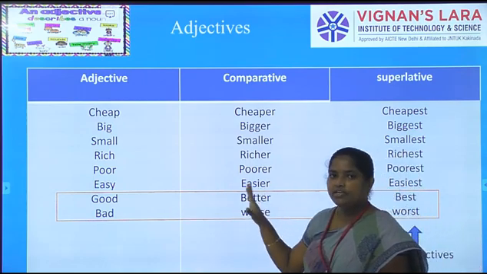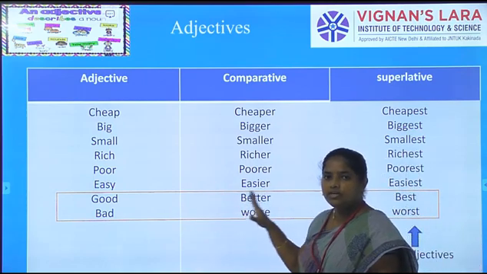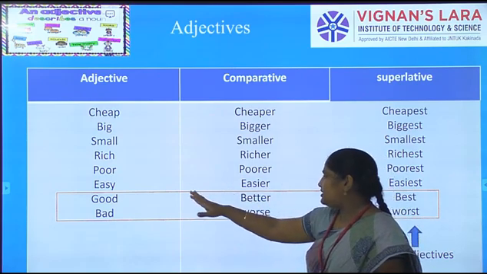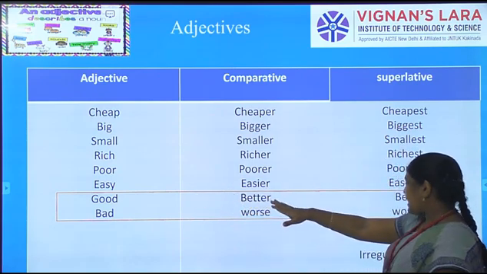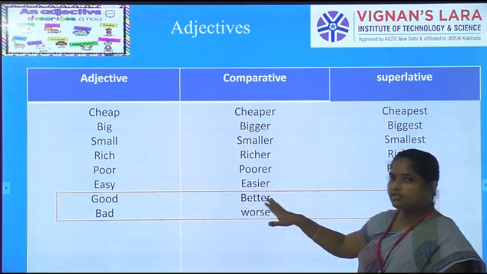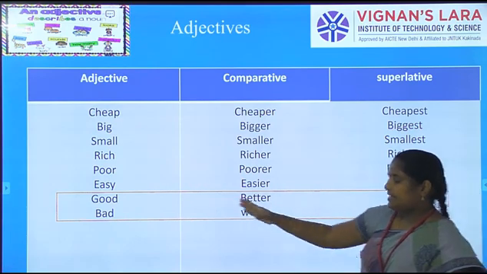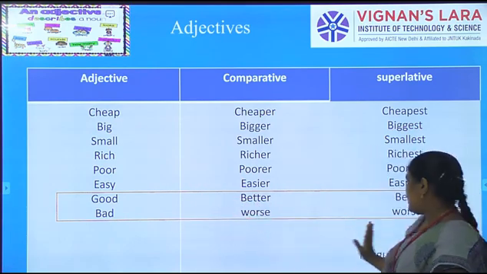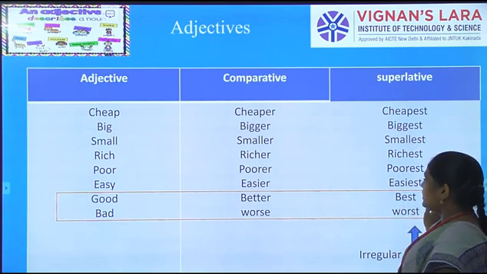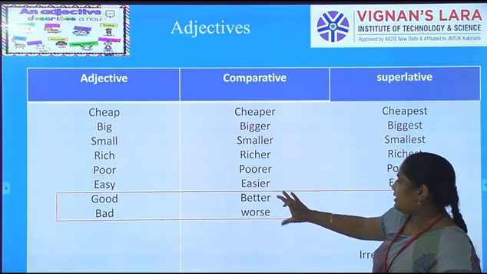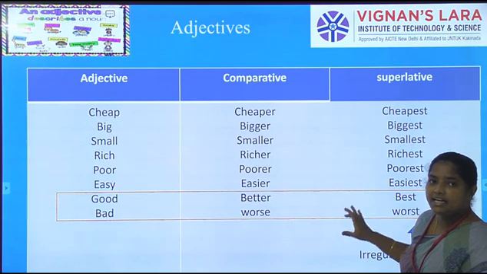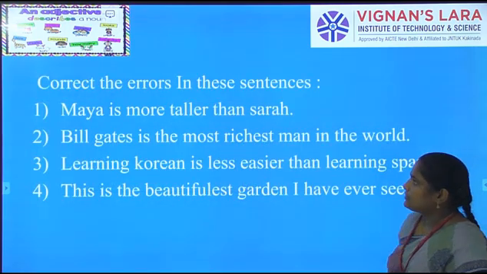We will not use that. Instead, irregular adjectives are good, better, best, and bad, worse, worst. These are all irregular adjectives.